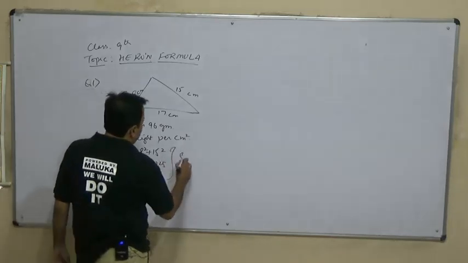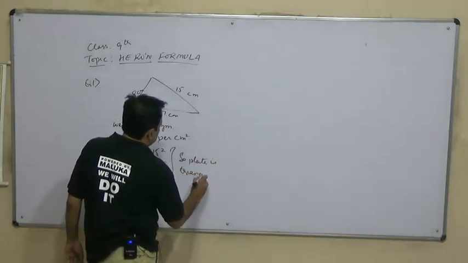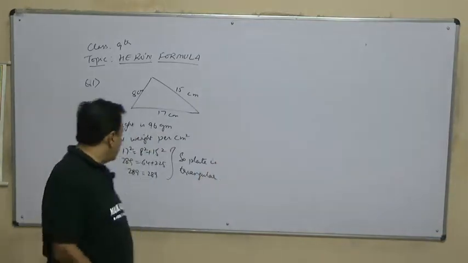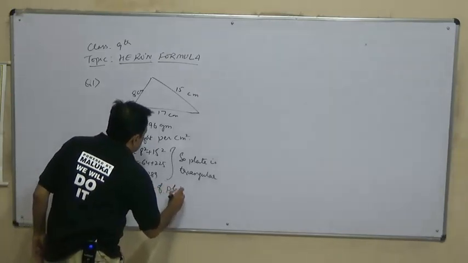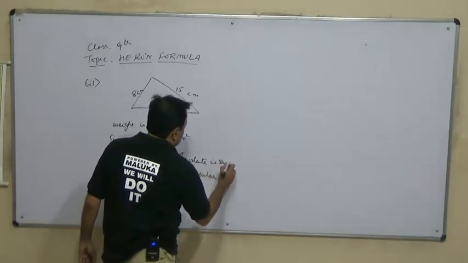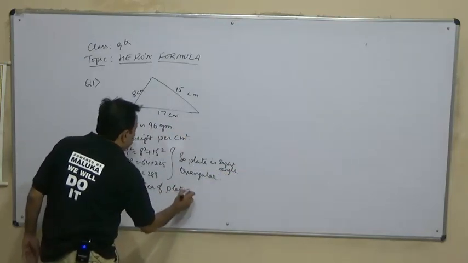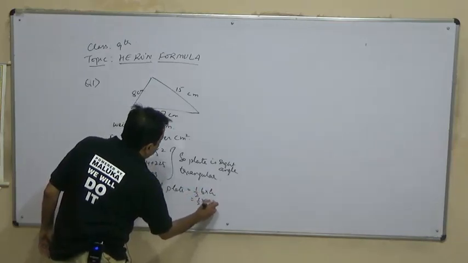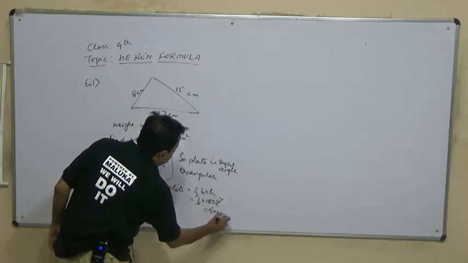So we can say that the plate is right angle triangular. So area of plate is half base into height, which is half into 15 into 8. So this is 4, 60 centimeter square.